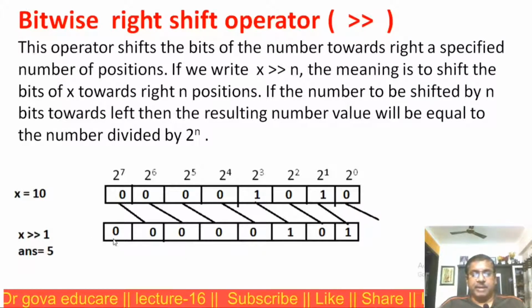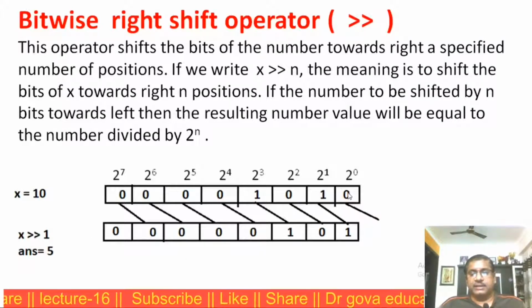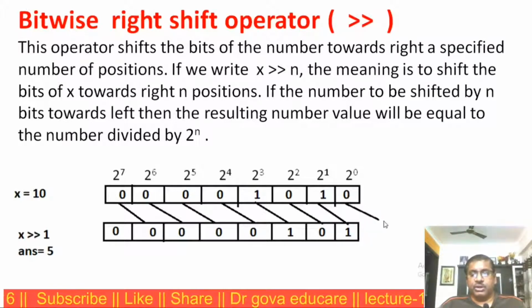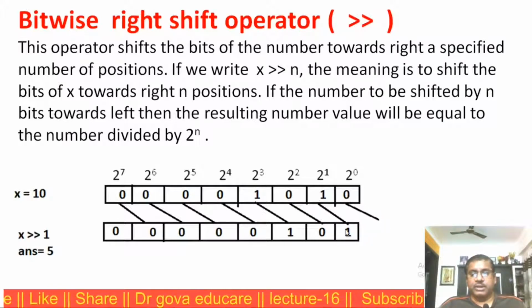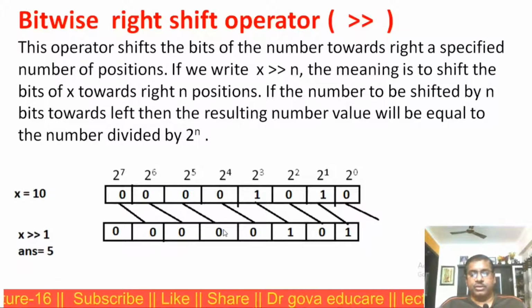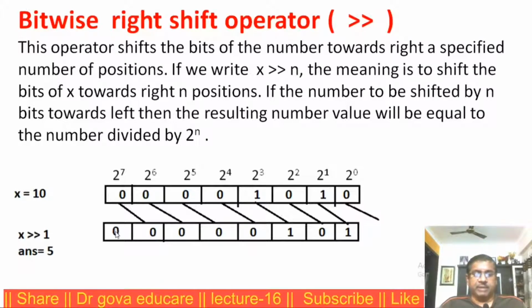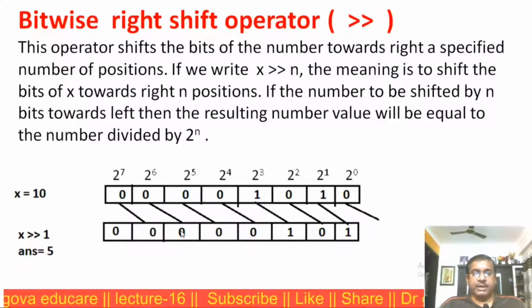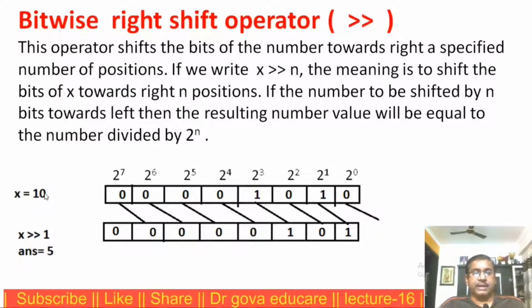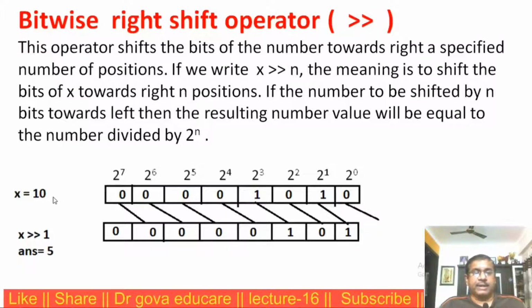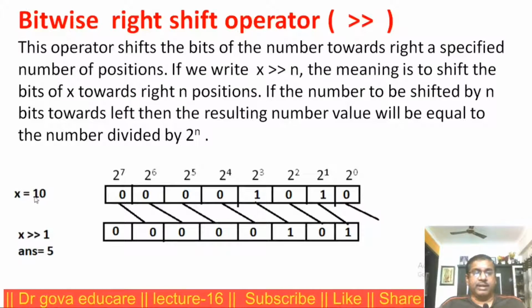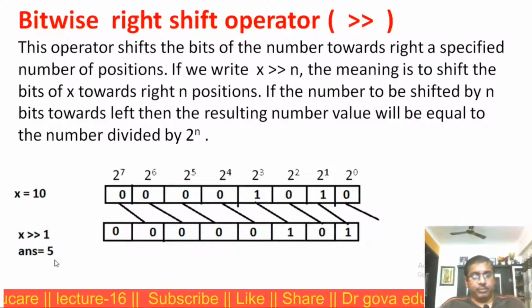The MSB bit is appended with 0. Each bit shifts one place to the right. Finally, the value is 5. That is, the answer is 5. That is 10 by 2 power 1, 10 by 2, the integer value or quotient is 5.